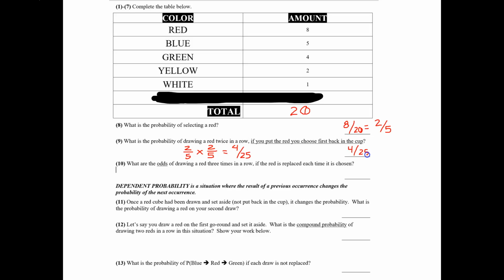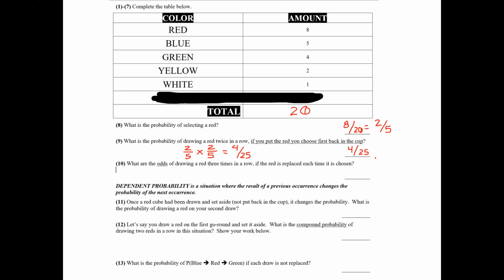You might see this on some of the homework or on MathSpace as being called with replacement. They use that term because once you've pulled the first cube out of the cup, you are replacing it back into the cup.